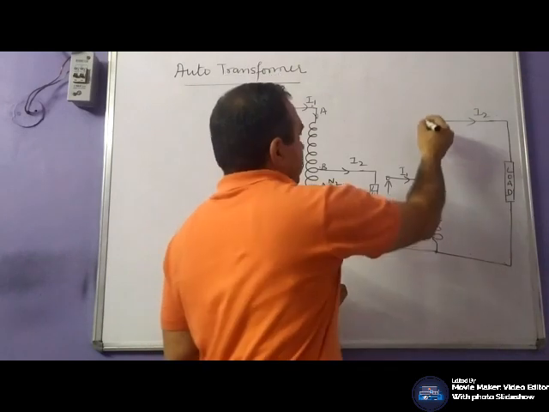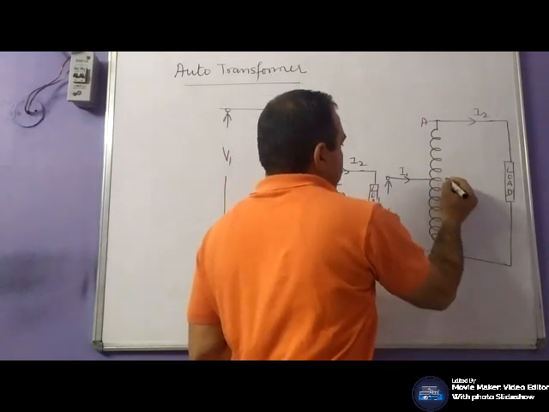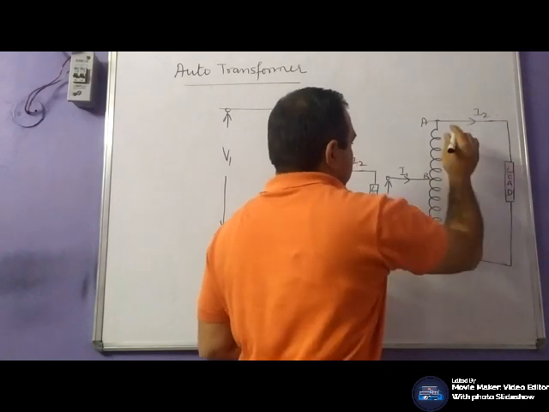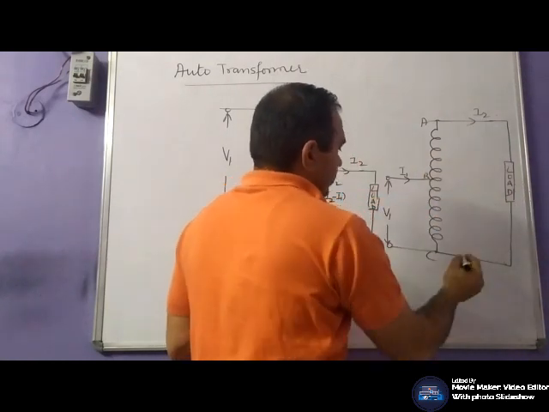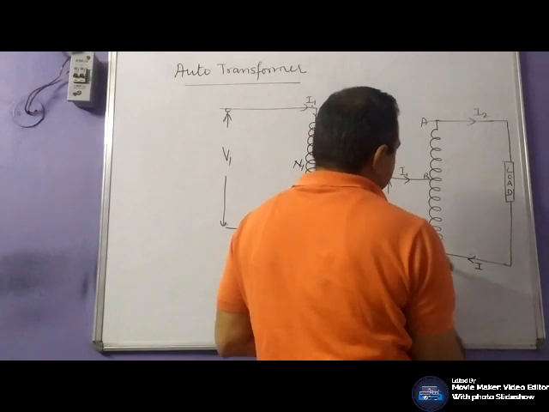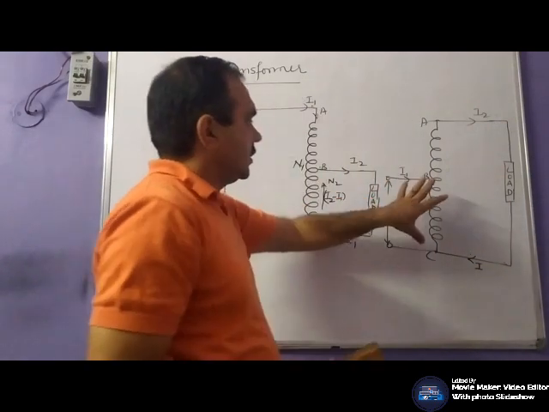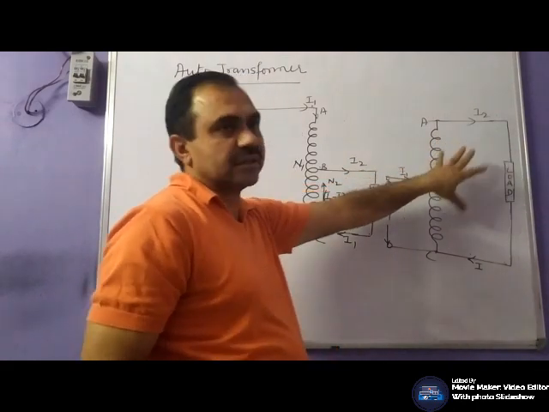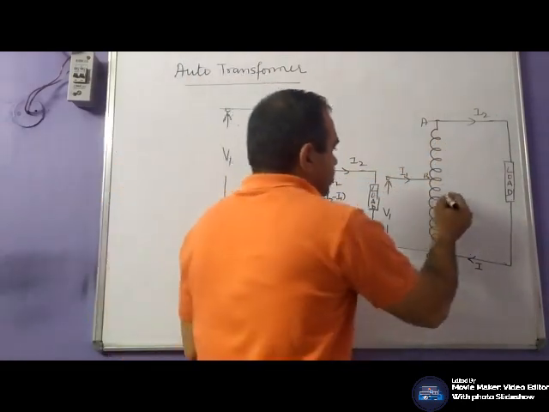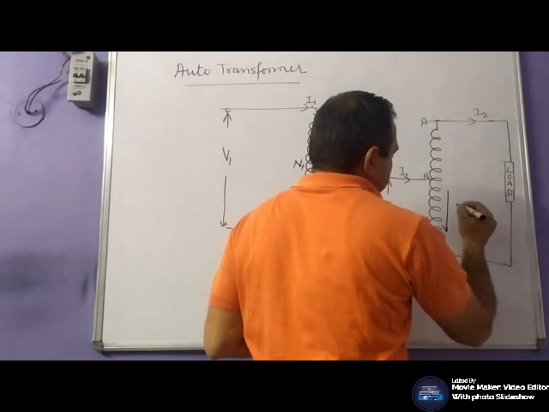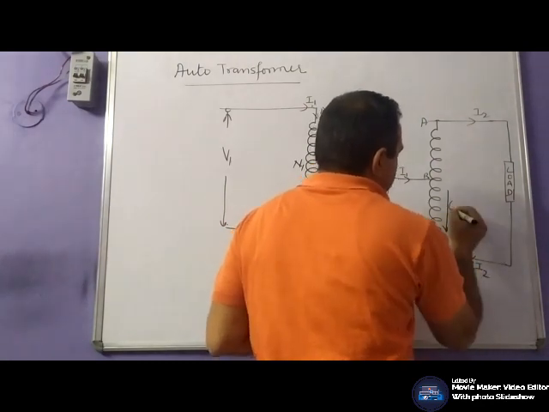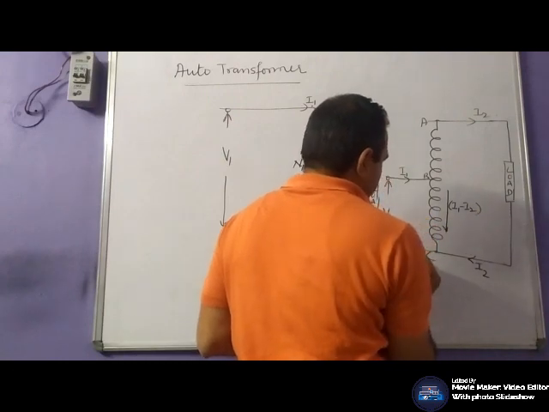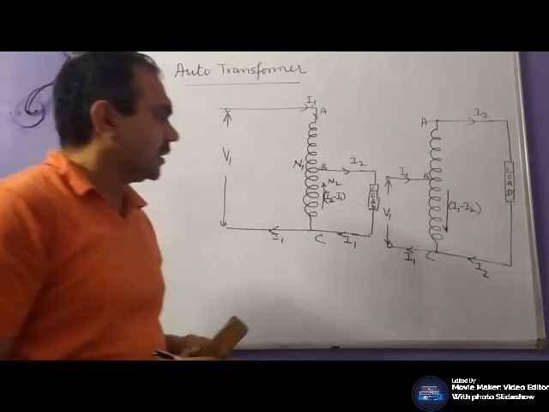I2, again A, B, C. So this current is I2. The input side current is higher than the secondary side current in the case of a step up transformer. So the current in this portion would be I1 minus I2, and this current would be I2.